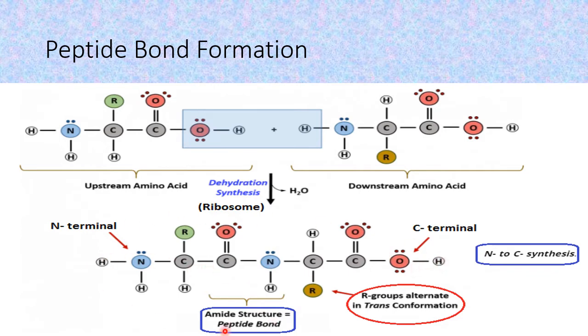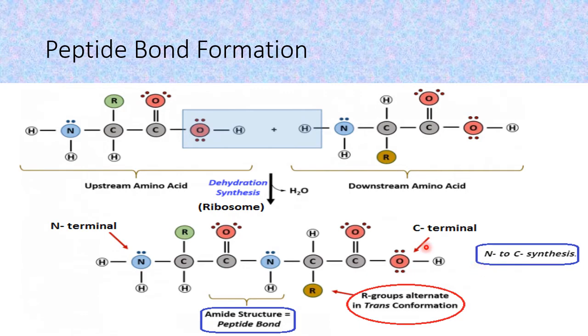And now this structure has two terminal regions. One is the N-terminal region and the other is the C-terminal region. And it is this C-terminal region which is available for the formation of the next peptide bond with the next incoming amino acid.